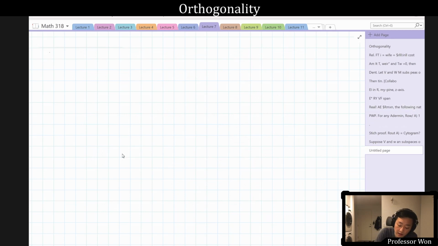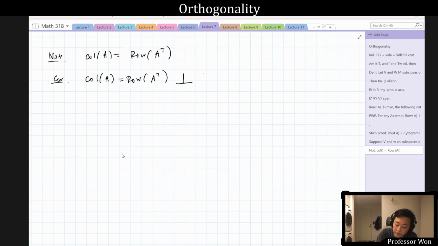Note that the column space of A is equal to the row space of A transpose, because A transpose just takes all the columns of A and turns them into rows. So hence we have the following corollary: the column space of A, which is equal to the row space of A transpose, is orthogonal to the null space of A transpose, since the row space of a matrix is orthogonal to the matrix's null space.